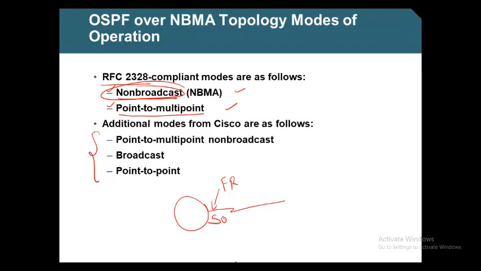On the same serial link, when you switch the encapsulation type from the default to frame relay, OSPF will now say, I got a network type called non-broadcast. If it is Fast Ethernet or Ethernet, it is broadcast, because Ethernet is a broadcast environment.